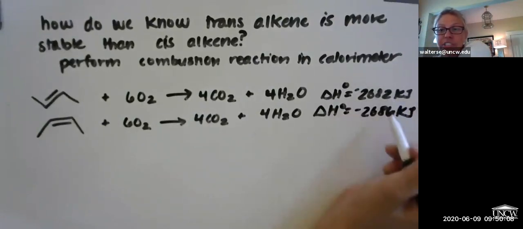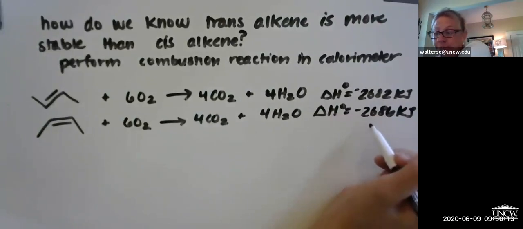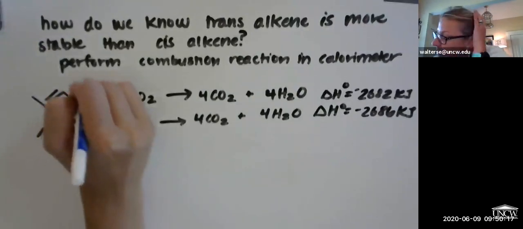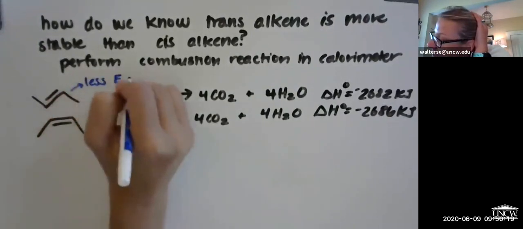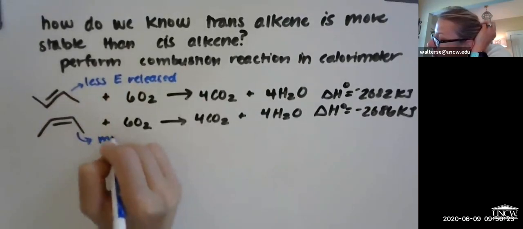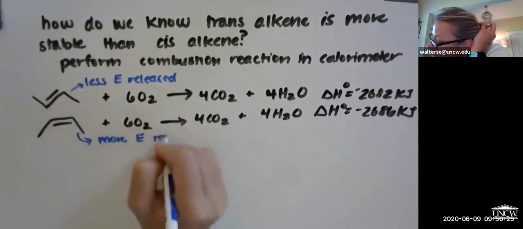So there's a difference over here of 4 kilojoules. This released more energy, the top one released less energy. So up here, we would say less energy released. More energy released.